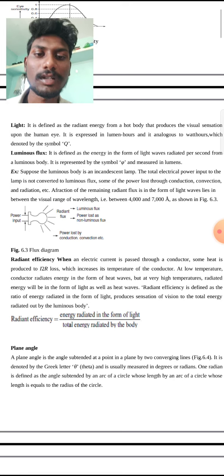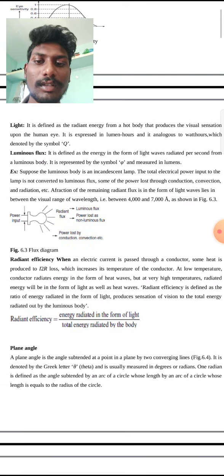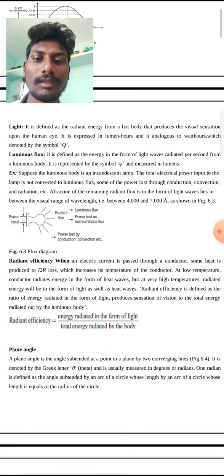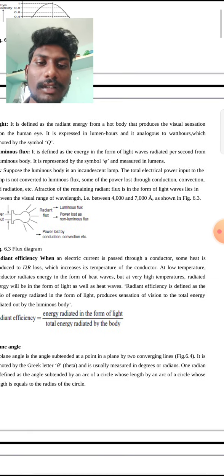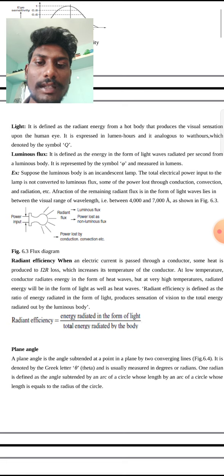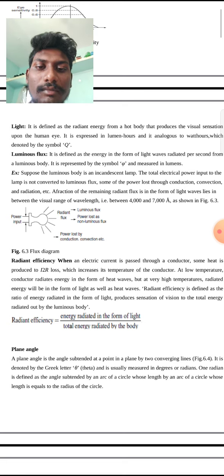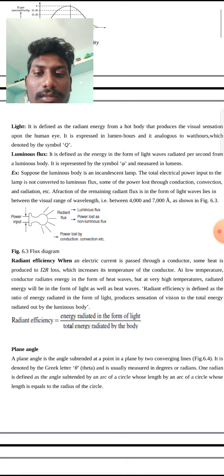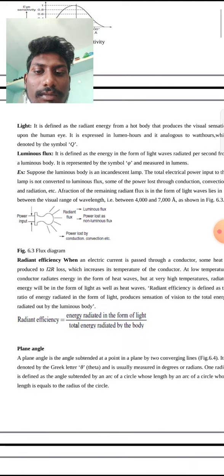Some of the power is lost through conduction, convection, radiation, etc. A fraction of the remaining radiant flux is in the form of light waves lying in the visual range of wavelength, that is between 4000 and 7000 angstroms, as shown in the figure below.